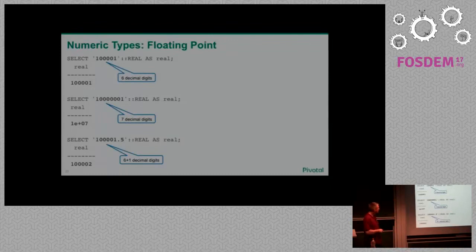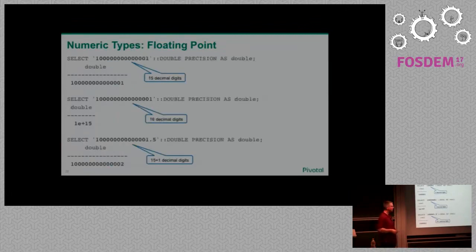Once I add one more digit here, you see it's rounded. And this will really hurt you, so I have 7 digits here, and it gives me back a totally different number. So if you try to store any kind of like money or such in a floating point number, your results will be wrong. Don't do this.